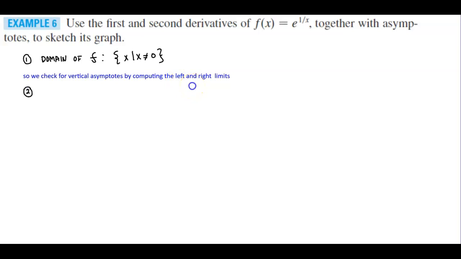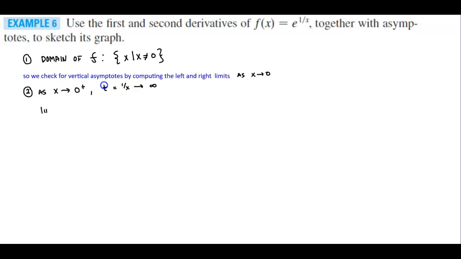In this case, x is approaching 0. If we're looking as x approaches 0 from the right, then we know that t, which is equal to 1 over x, the exponent, is going to be approaching infinity.